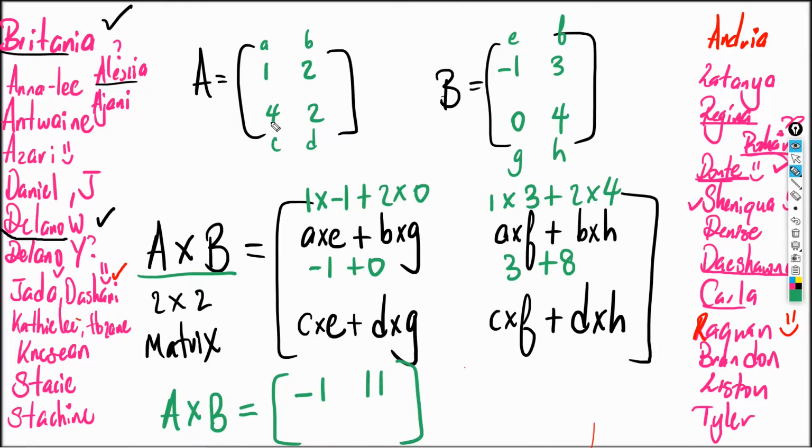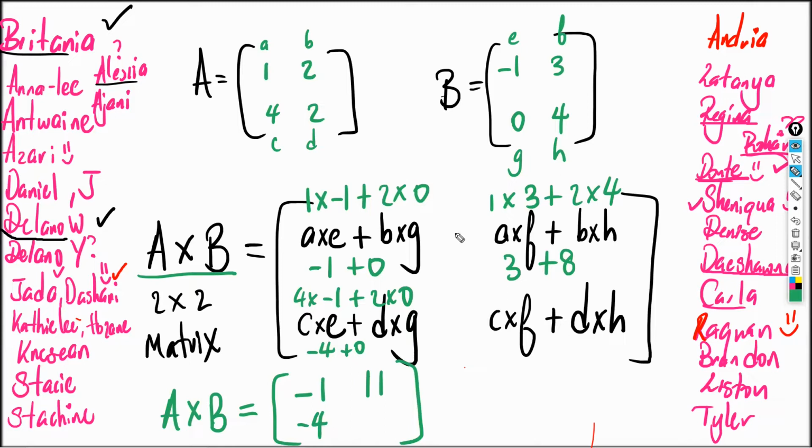Now on the bottom is C times E, which is 4 times -1, plus D times G, which is 2 times 0, G is 0, right? So we're going to end up with -4 plus 0. So that's going to be -4.